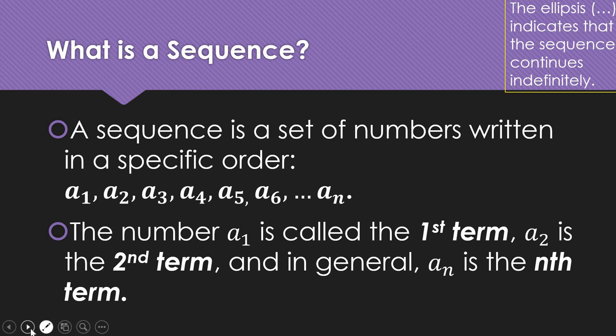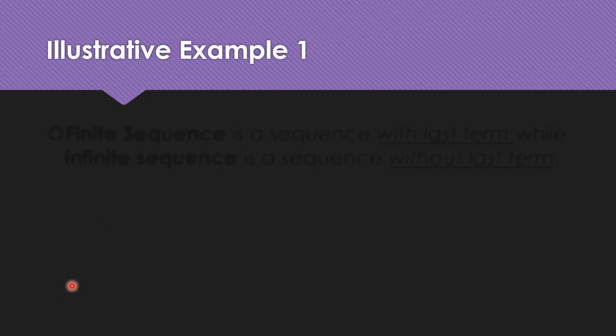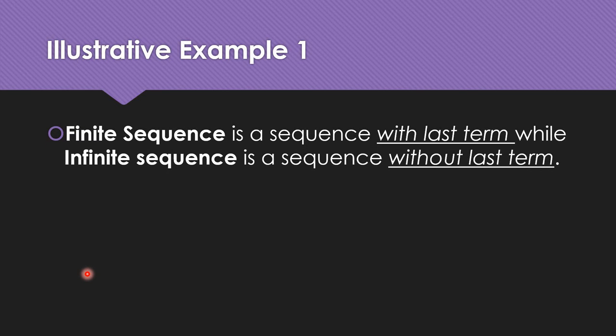Okay? Let's continue. So, let's have now an example for number 1. So here, let's first define what is a finite sequence. It is a sequence with the last term, while the infinite sequence is a sequence without last term. So very specific, direct yung ating definition.